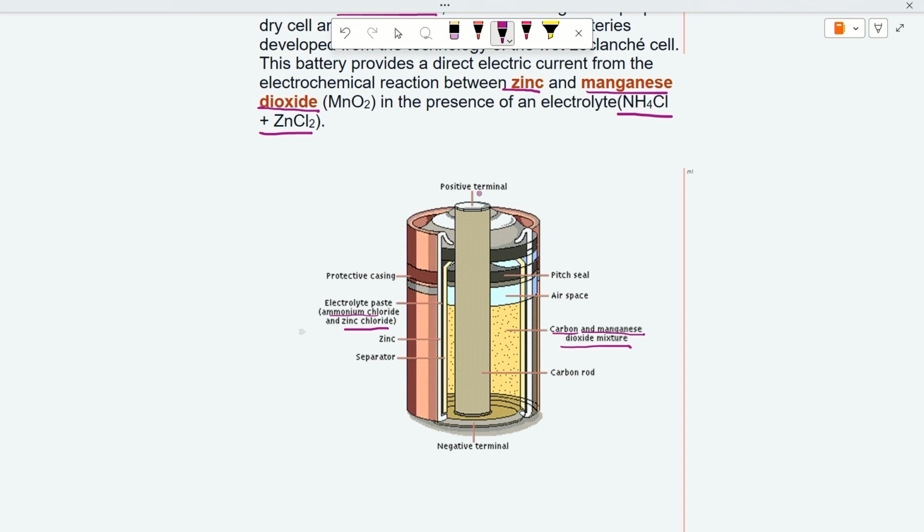This carbon rod is the positive terminal, or you can say the cathode. This is to derive electrons from this mixture of carbon and manganese dioxide. Here we have the vessel made of zinc, this will be the anode, and here the oxidation takes place, leaving back the electrons, and this acts as the negative terminal of the battery.